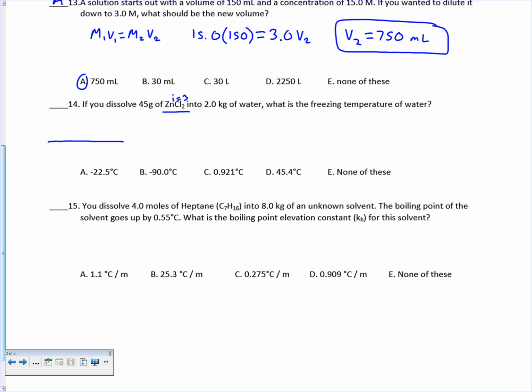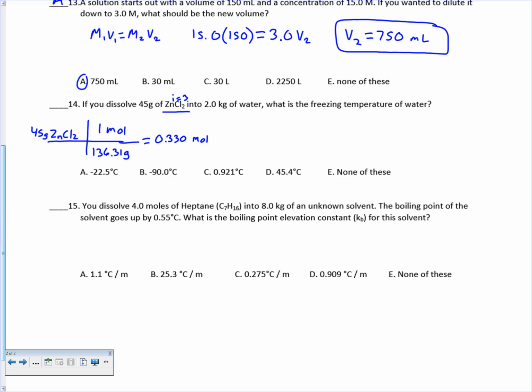We need to get this to moles of solute to plug it into the molality equation. We know it's 45 grams of ZnCl2. If you look it up on the periodic table, there's 136.31 grams in 1 mole of ZnCl2. Multiply those together, you get 0.330 moles.